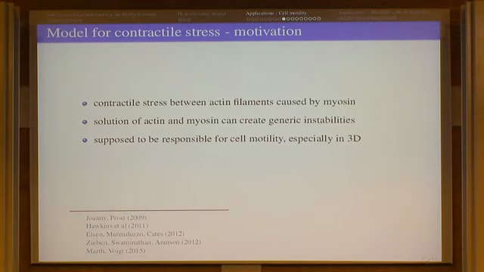So we know we have contractile stress between these actin filaments, which is caused by myosin, and there have been experiments where they found out that these solutions of actin and myosin can create spontaneous instabilities, and if these instabilities are stable, then they induce a fluid flow, and this fluid flow is supposed to be responsible for cell motility, especially in 3D without any adhesion to the substrate.